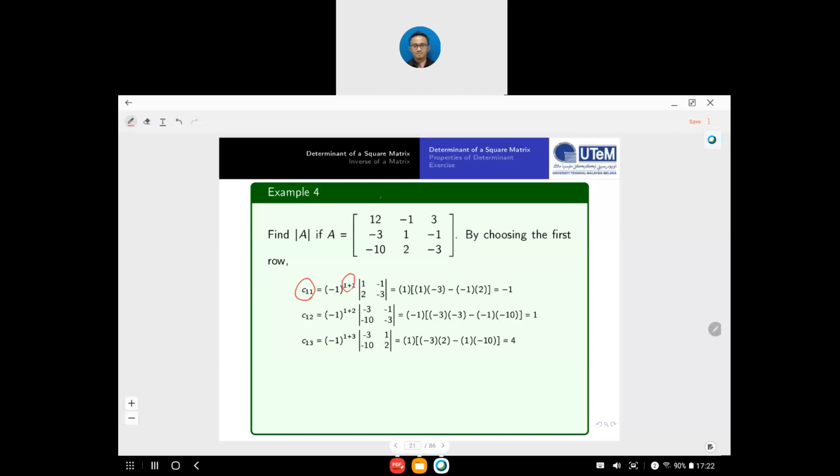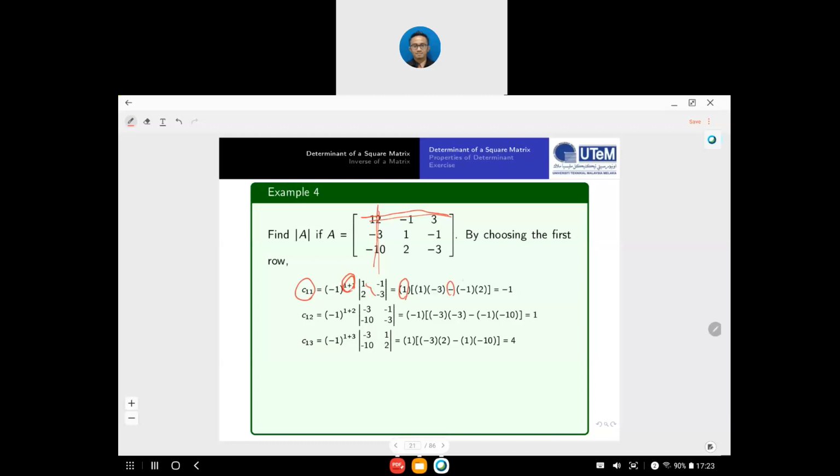The rest that you have is 1, negative 1, 2, and negative 3. So negative 1 the power of 1 plus 1, which equals 2, so it becomes 1. And then 1 times negative 3, cross multiply like that. 1 times negative 3 minus. Don't mix it up.